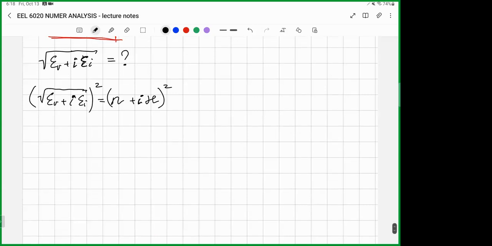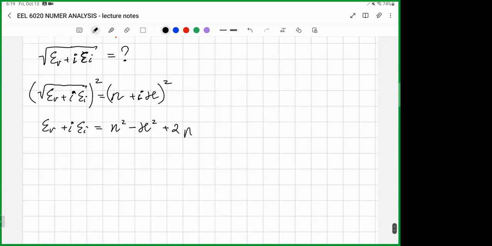It leads me to the following: epsilon r plus i epsilon i equals n squared minus kappa squared plus 2 n kappa i, of course.